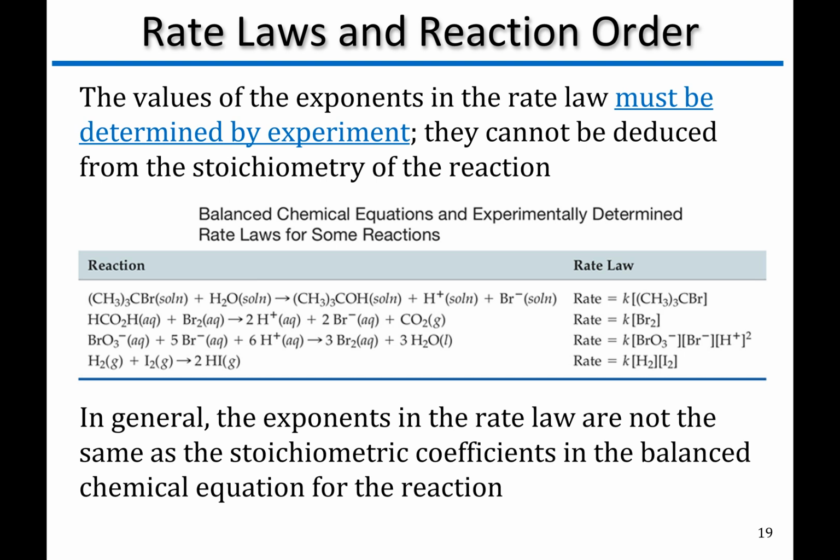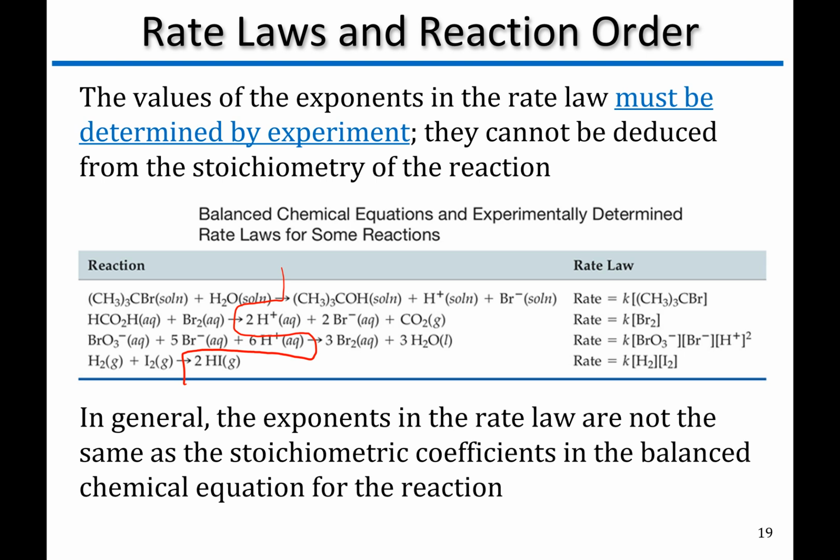So here's just a few rate equations. And remember, we're focused on our reactants. Okay, so we're not really concerned with our products. So if we take a look at this rate equation, we see that rate is equal to k, so k is again a constant, times the concentration of our reactant, so this methylated compound, brominated compound.